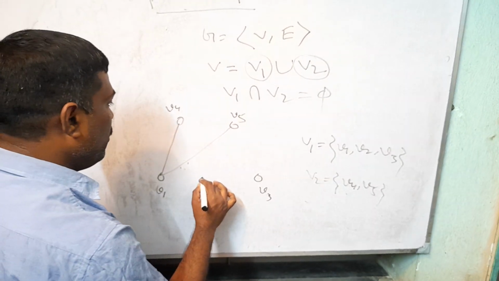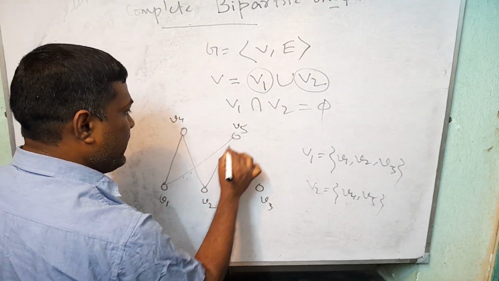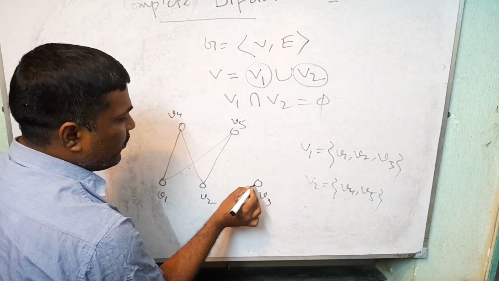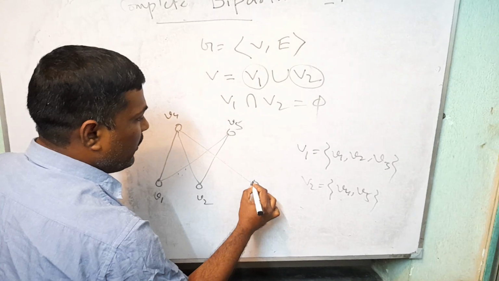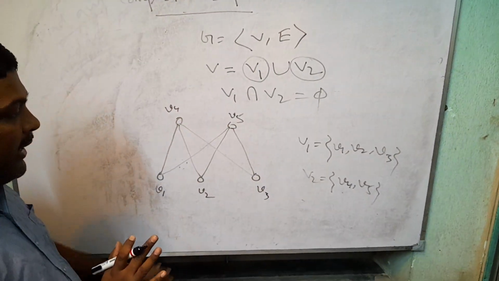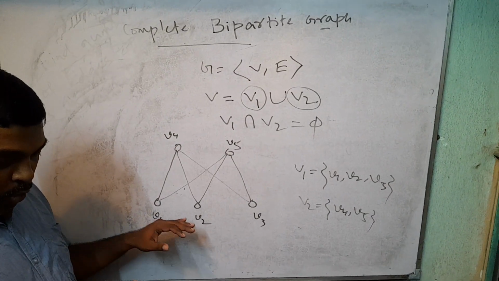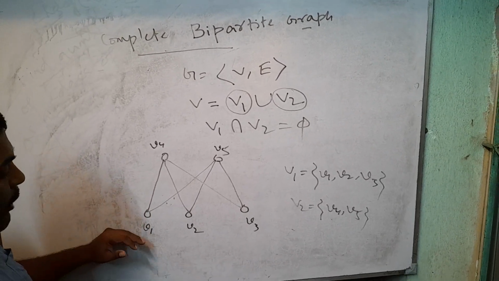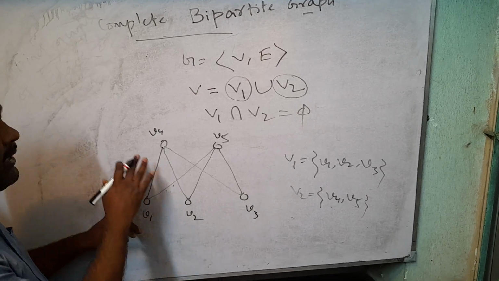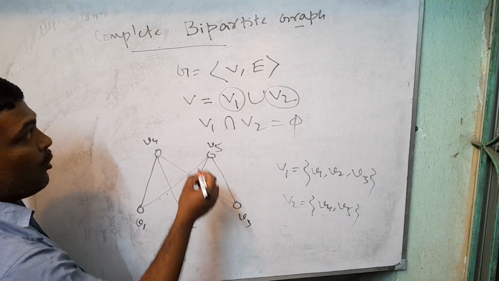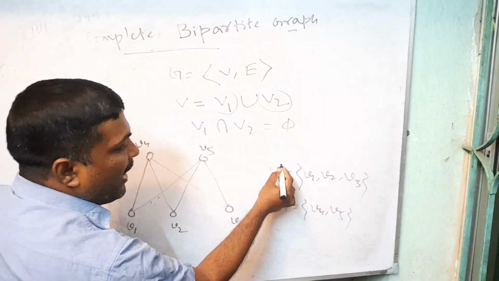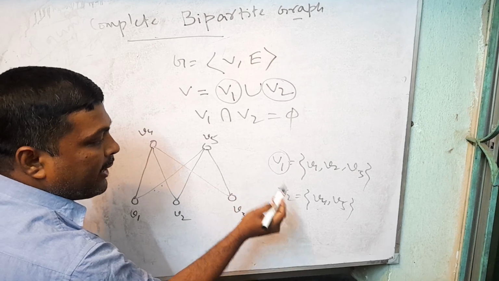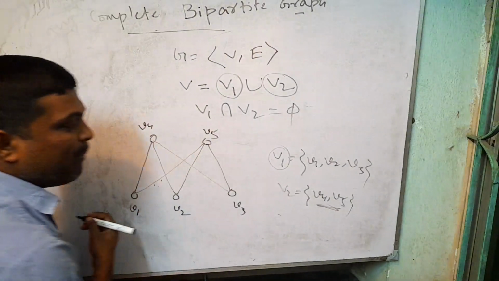Similarly for the other two vertices of V1. So it is a complete bipartite graph. In a complete bipartite graph, every vertex of V1 is connected to all the vertices of V2.